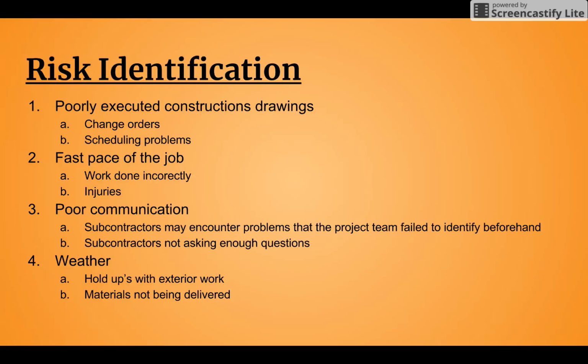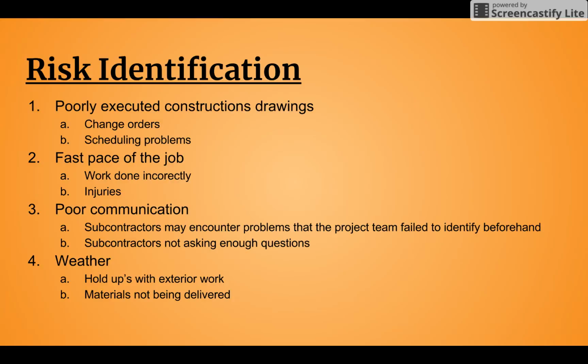When a project is planned correctly, there is less potential for errors with communication. But it's always a possibility, and it's actually one of the bigger problems that could occur. The two things that result from poor communication are subcontractors encountering problems that the project team didn't identify beforehand, which results in scheduling once again being slowed down and affected.